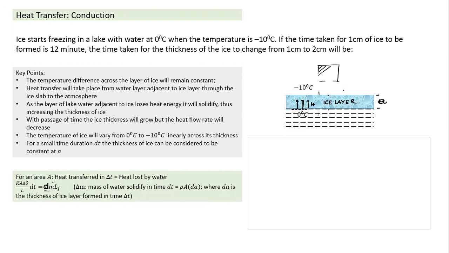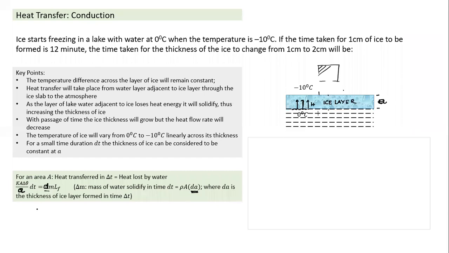So what is the thickness it will form? That we convert mass into thickness. How do we convert? Mass is equal to rho into area of cross section A into dA. dA is the thickness of the layer which is getting formed. Sorry, let me take this also as A here. What is L here? L is thickness.